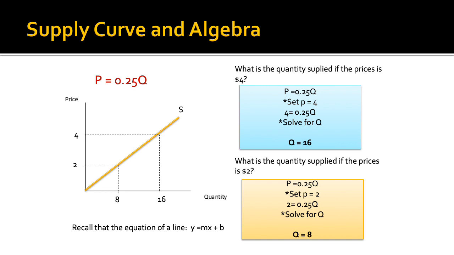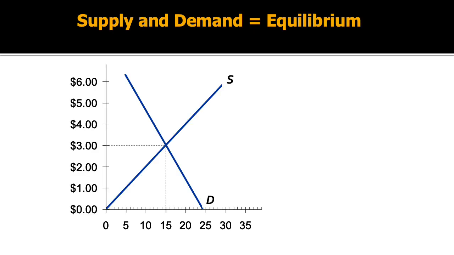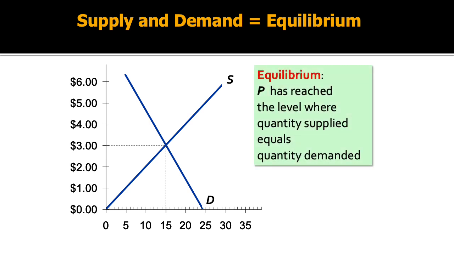Let's put supply and demand together. Equilibrium. When supply and demand are equal and intersect. So the price in the market is given to us when quantity supplied equals quantity demanded. So here we'll see a little graphic, and this is relevant to our Starbucks example as we'll see in a second.